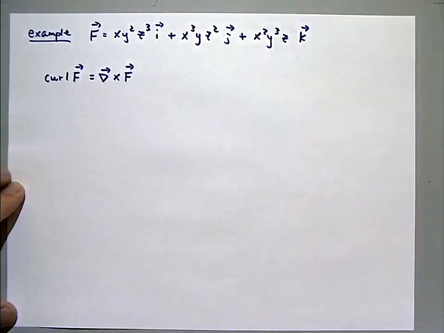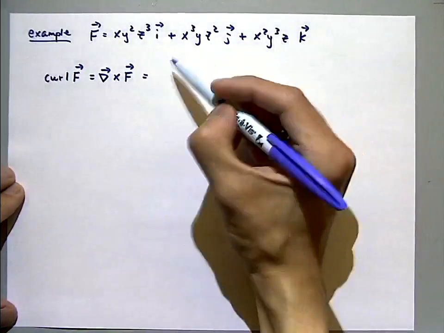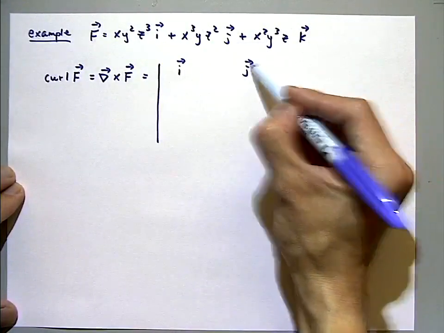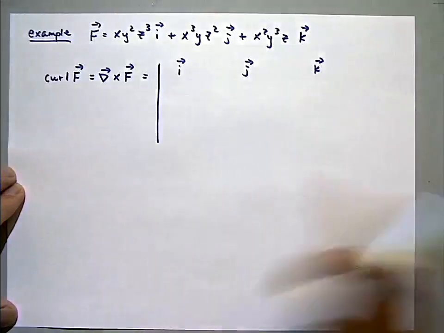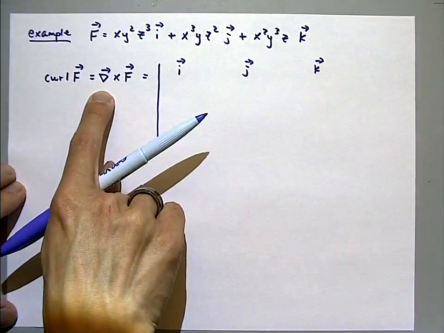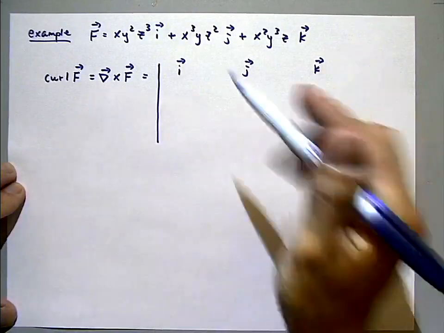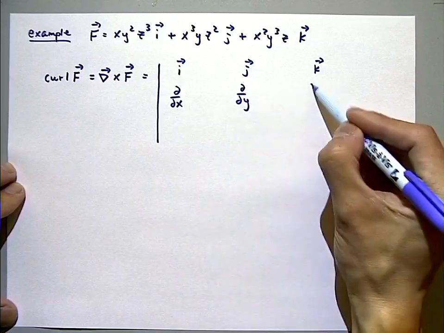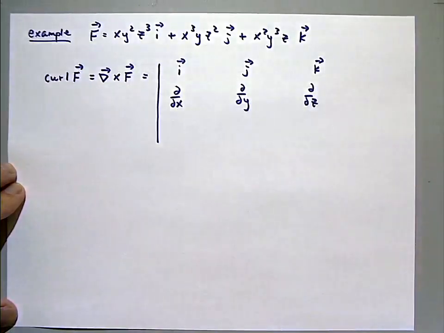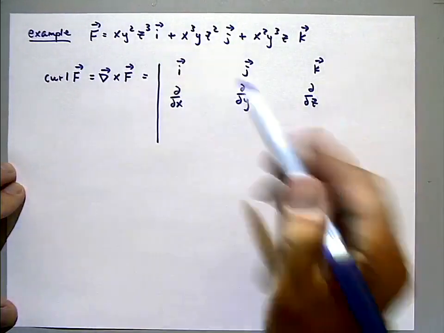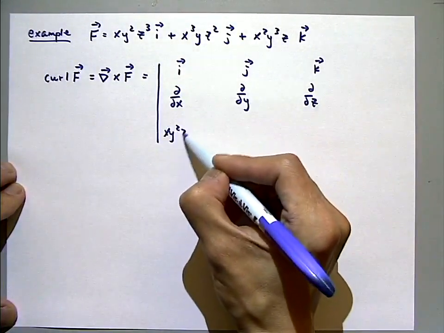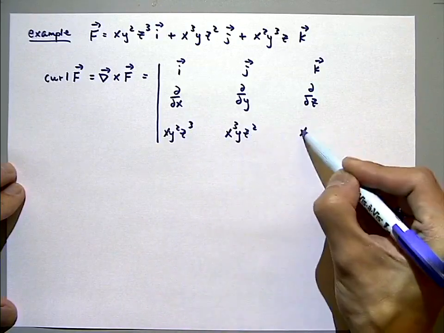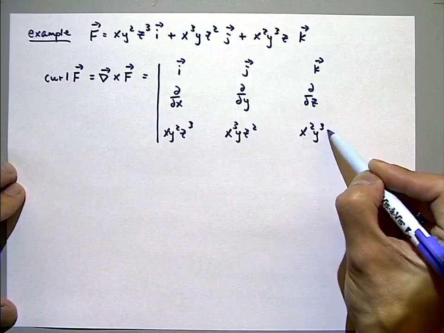Curl is del crossed with F. Do our usual cross product determinant. Del is the first vector in quotes, right? So it goes into the second row. And then F, whatever F looks like: xy squared z cubed, x cubed yz squared, x squared y cubed z.